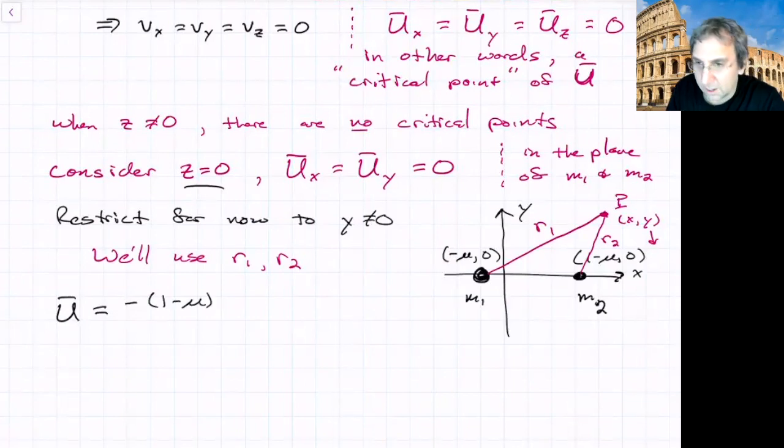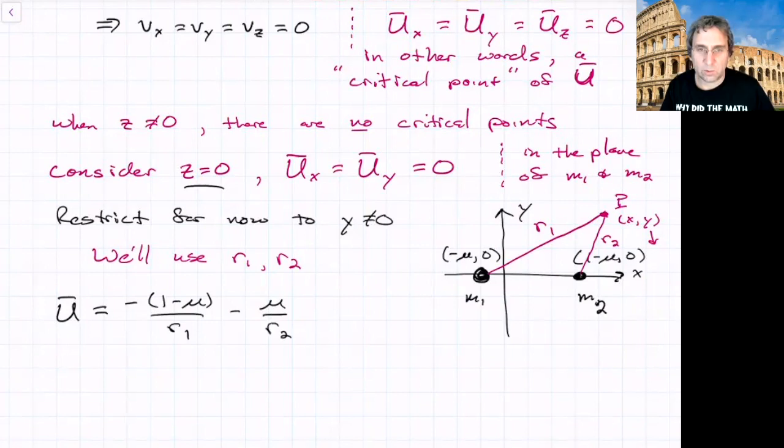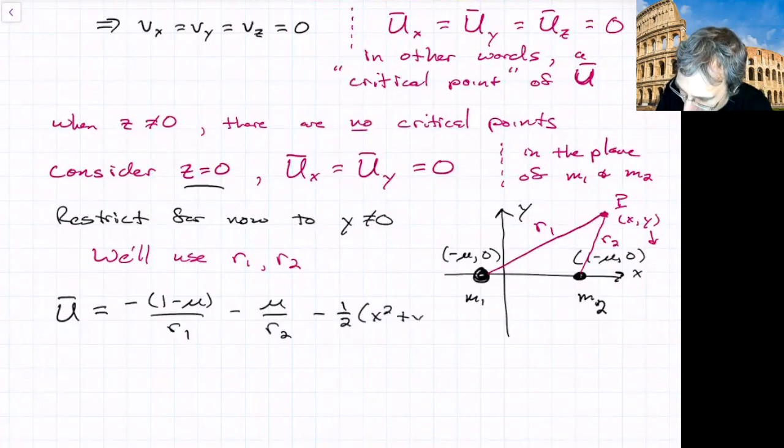And that's the non-dimensional mass of M1, and then this is over R1. And then the non-dimensional mass of M2, and that's over R2. And then we've got the terms that are related to the centrifugal force, and those are negative 1/2 (x squared plus y squared).